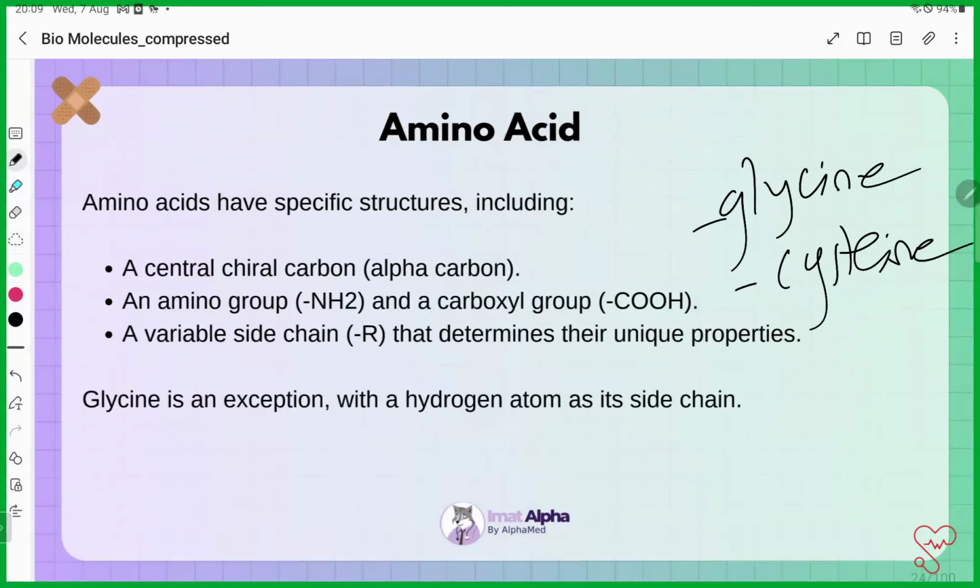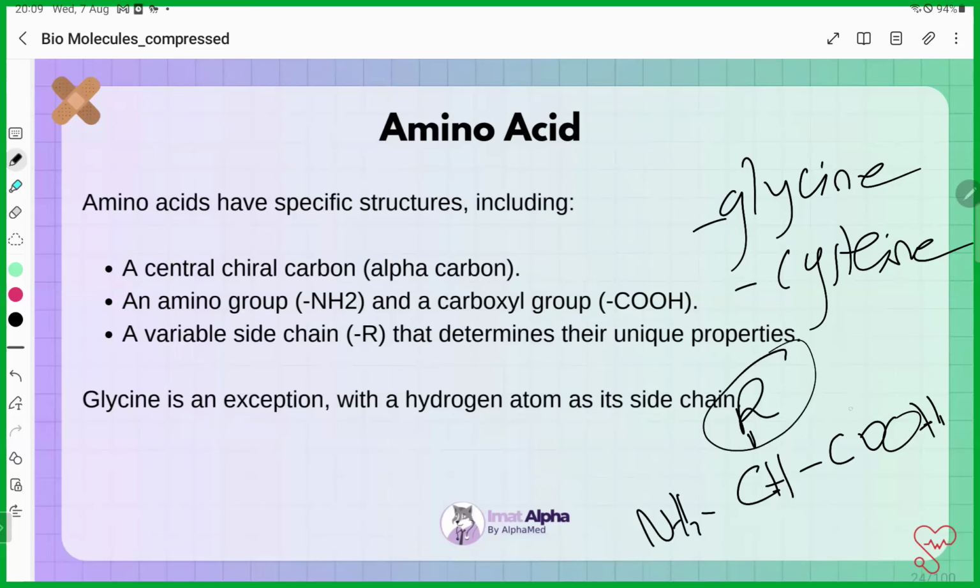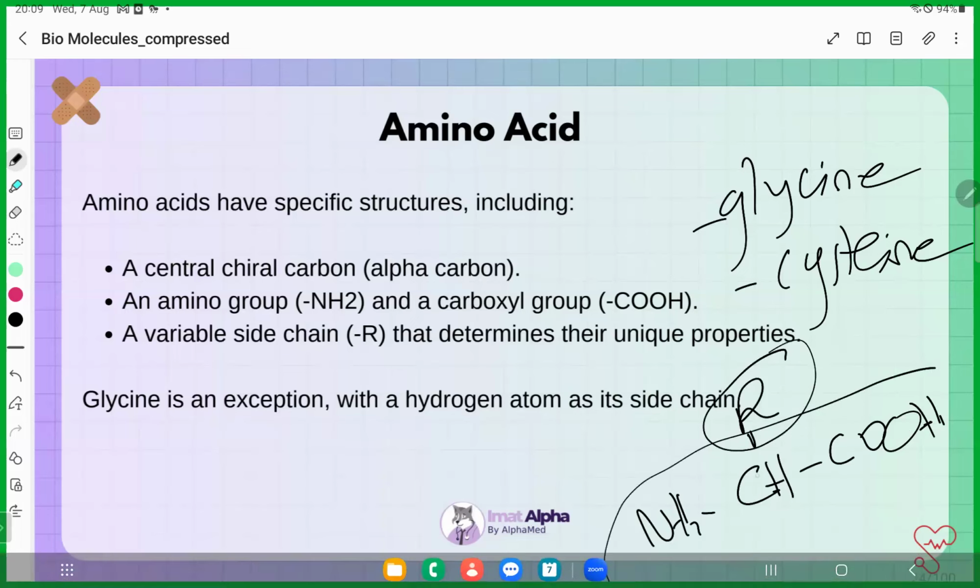Why is glycine an exception? All amino acids have the structure of carbon, normally hydrogen, NH2, the carboxyl group, and the radical. The radical changes for each amino acid. Each amino acid has the same exact things near the base.